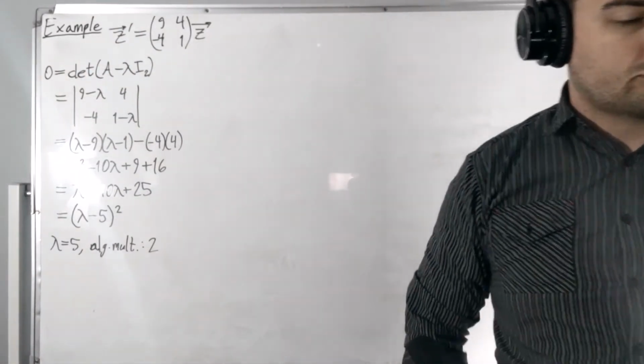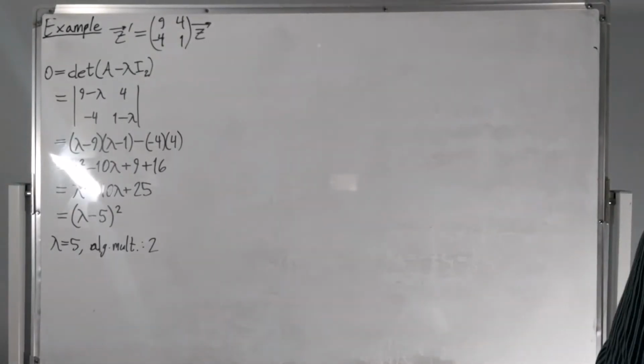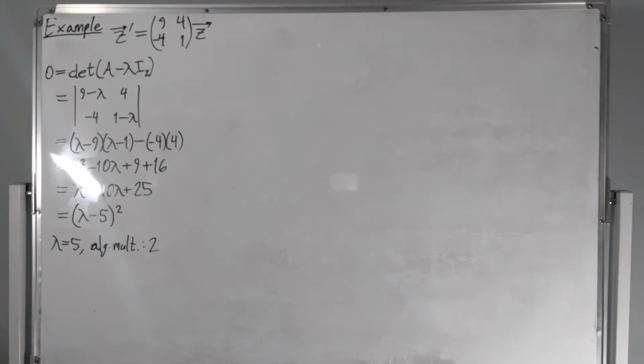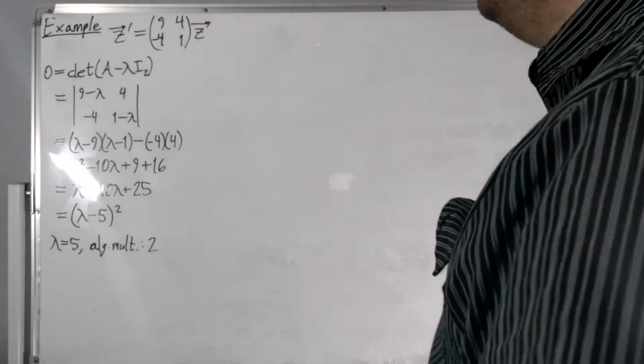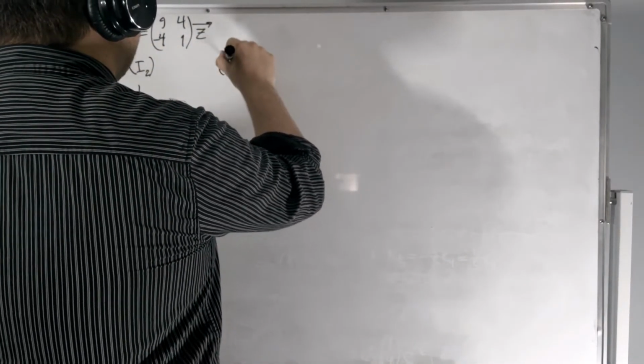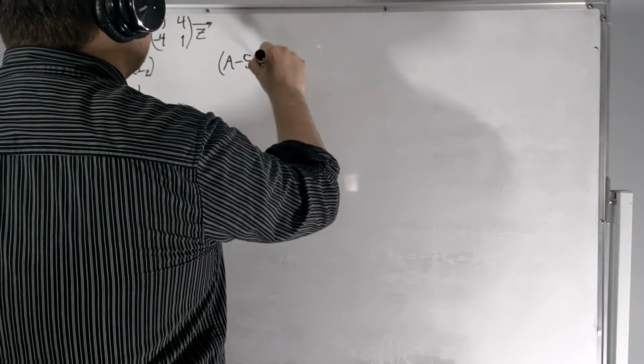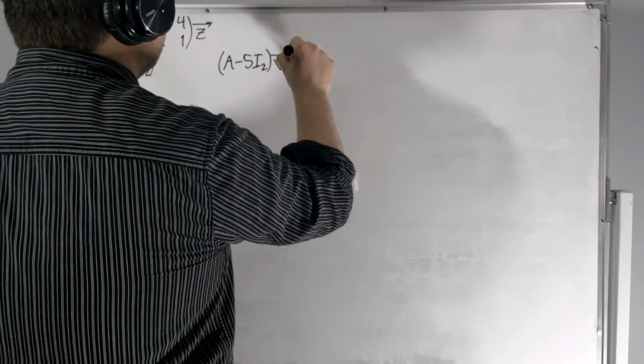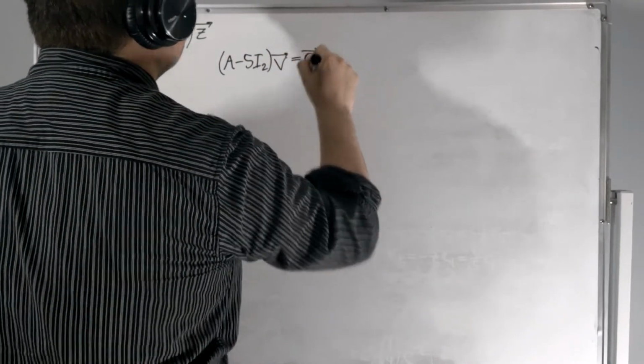Okay. So now let's inspect the eigenvectors corresponding to lambda, which is 5. So the eigenvectors would be solutions of A minus 5 I2 times v vector equals the 0 vector.